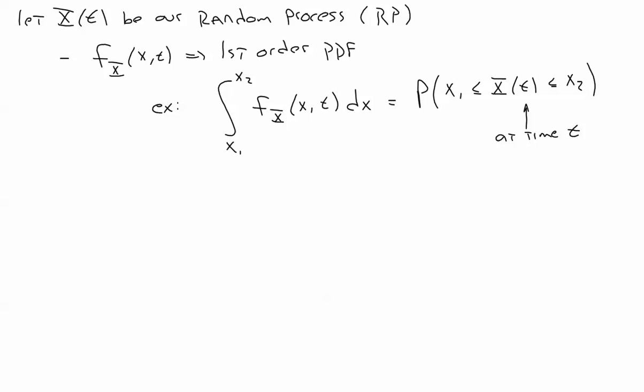Alright. Well, we can also look at higher order probability density functions. We're only going to look at the second order probability density function. And before I do that, we'll recall joint PDFs from our discussions of joint random variables.